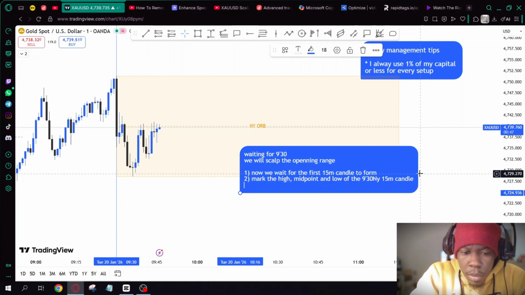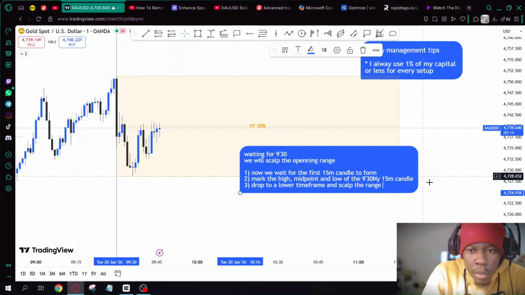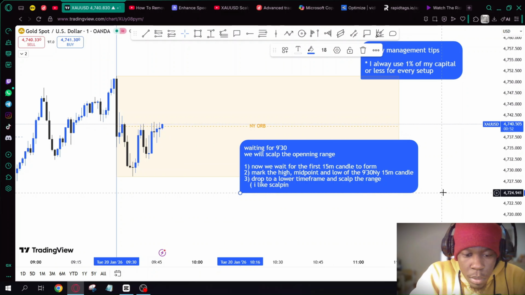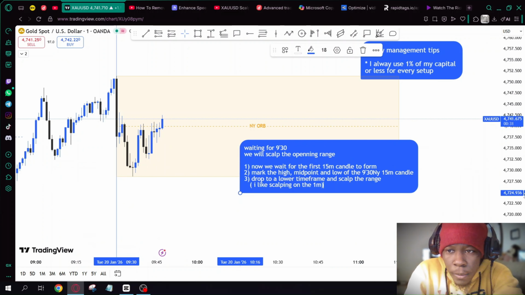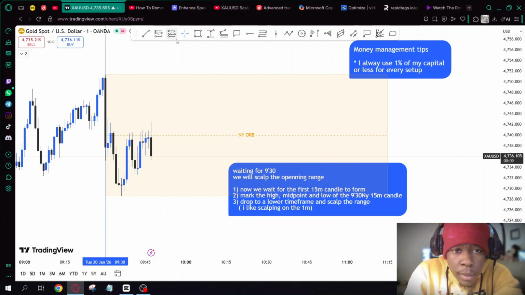It's a very straightforward way to scalp. Once the market is at the midpoint, I'm going to see the reaction of the market at the midpoint. If the market is rejecting at the midpoint, using it either as a resistance level or as a support level, I just need to see these things.